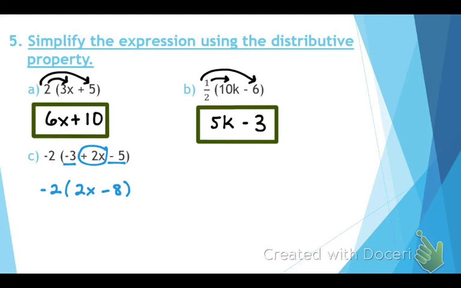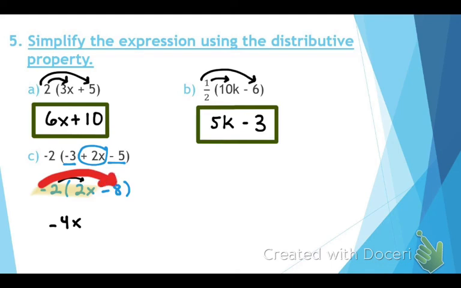Okay. Now let's try this out. I have a number on the outside that needs to be distributed to everything on the inside. The first section I have here, a negative times a positive. My answer has to be a negative. So that answer would be negative what? Negative 4x. Next, you need to multiply the negative 2 times the negative 8.